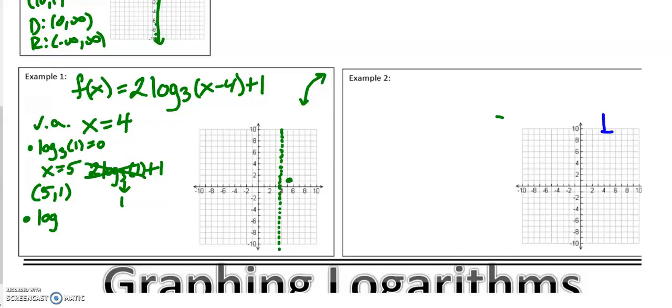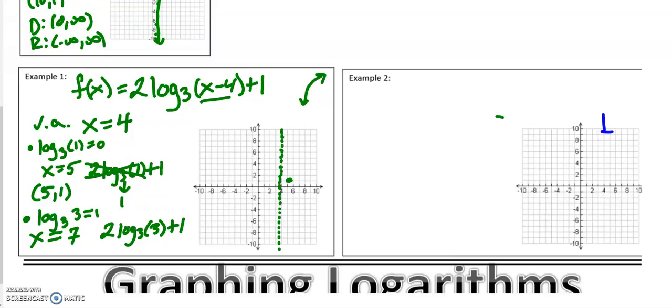Secondly, I want log base b of b, which is log base 3 of 3, because I know that equals 1. So I think about what x value would get me that. Well, if I look here, and think what would give me a 3 inside, the x value has to be 7. So I plug it in, I get 2 times log base 3 of 3 plus 1.